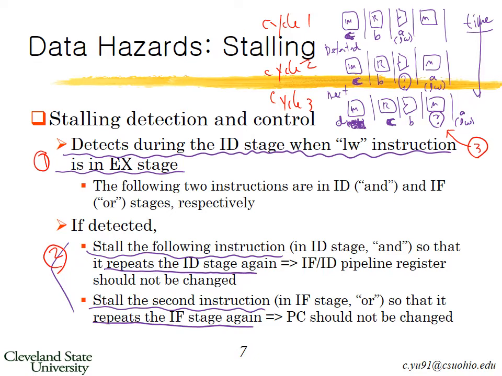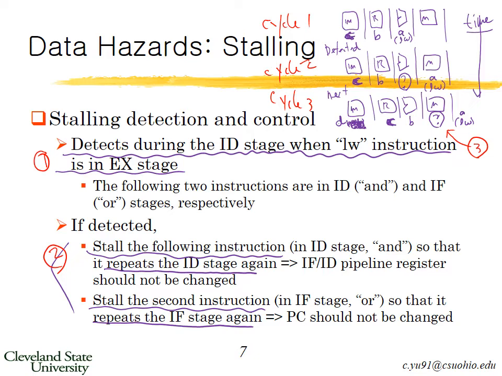At that time, they identify there is a data conflict between instruction A, the load word instruction, and instruction B. After it is detected, the load word instruction simply moves on to the memory stage.